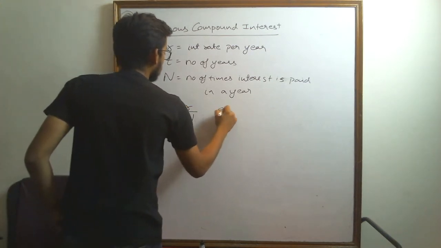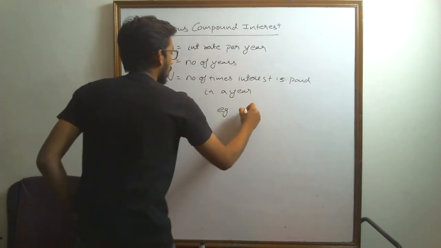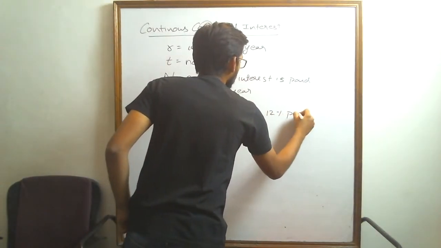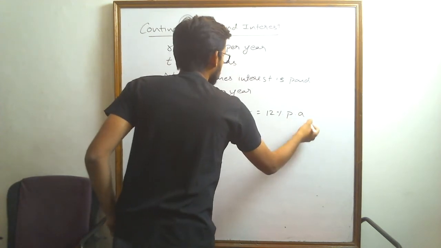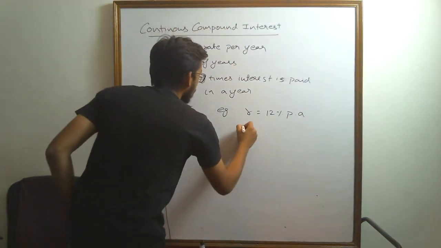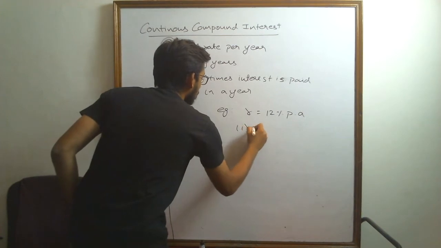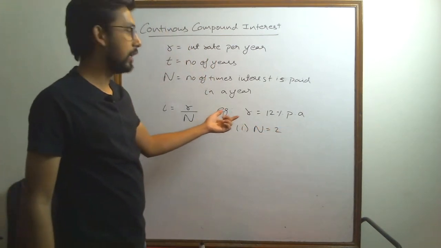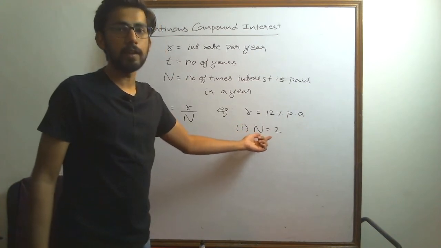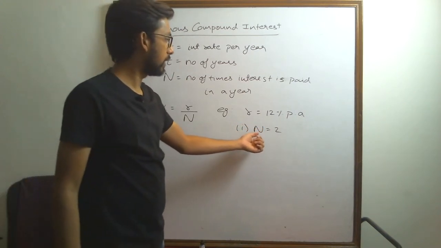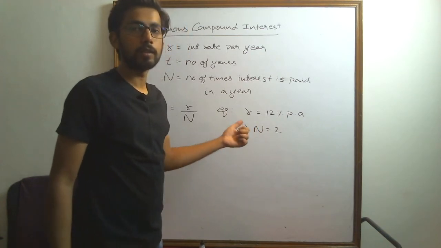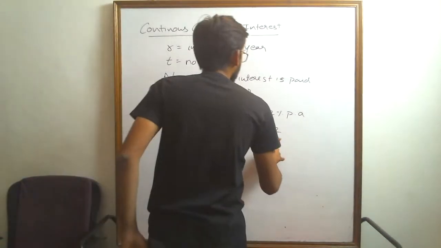For example, suppose R is equal to 12% per year. PA means per annum, which is the same as per year. Then if capital N is equal to 2, this means that the interest is paid every 6 months, so the interest is paid 2 times in a year, so capital N becomes 2.